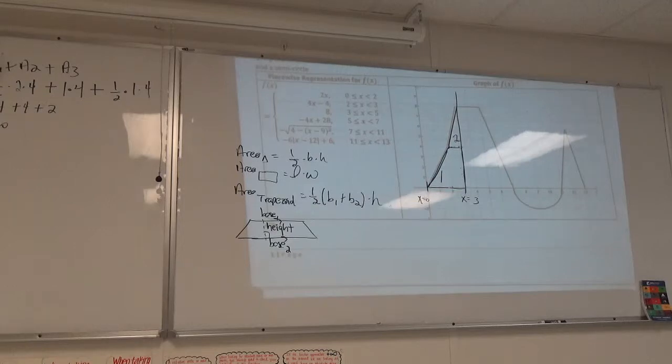I didn't even go to the track, so I just did a different street. How do you find that? What's the area of the circle?